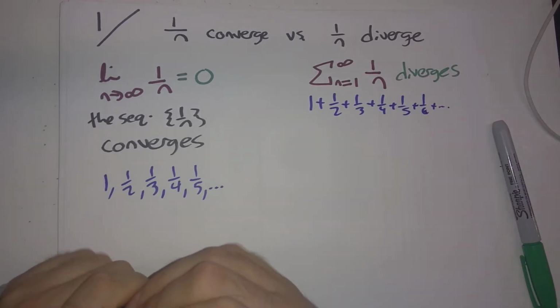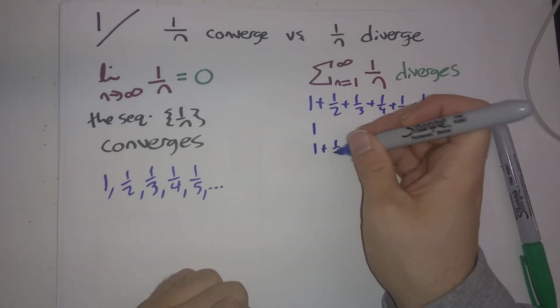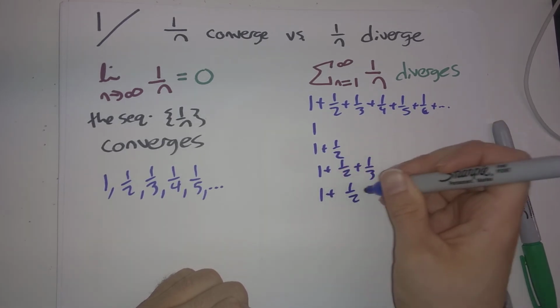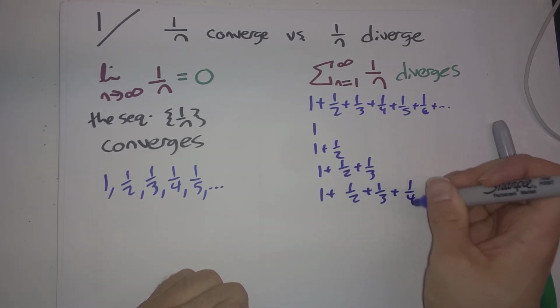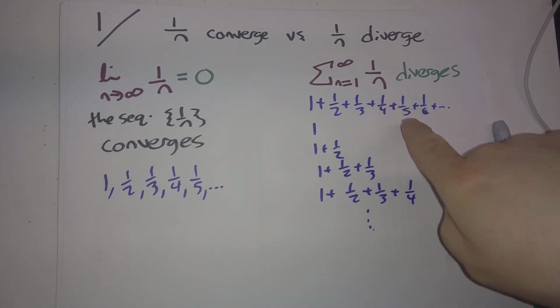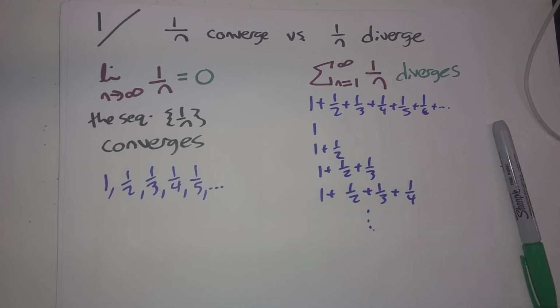And so it's actually the sequence of partial sums: 1, 1 plus 1/2, 1 plus 1/2 plus 1/3, 1 plus 1/2 plus 1/3 plus 1/4. As n gets bigger and bigger, we're adding ever smaller quantities to it, but it does keep increasing without bound. The harmonic series does diverge.